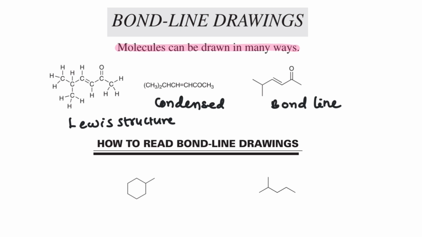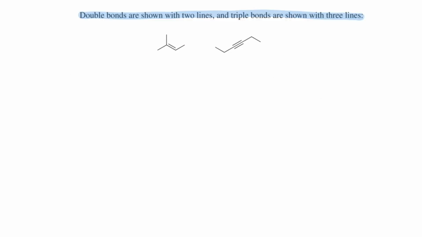In this structure, we only represent the backbone of the organic molecule, but not the carbon and hydrogen atoms. In bond line notation, double bonds are shown with two lines and triple bonds are shown with three lines. Now in this given structure, this is a double bond and this is called a triple bond.